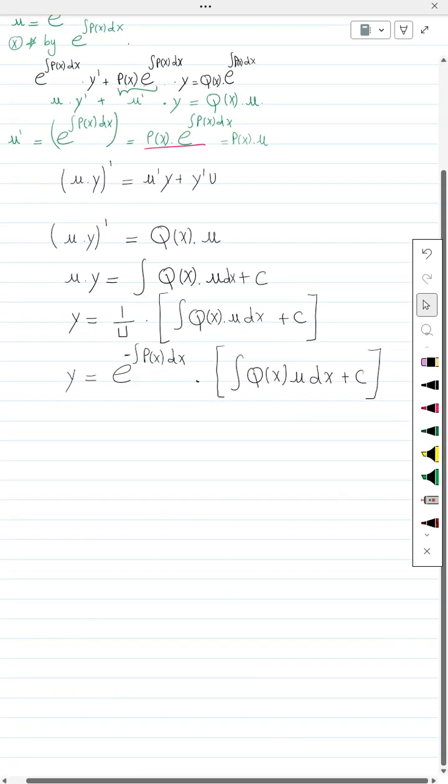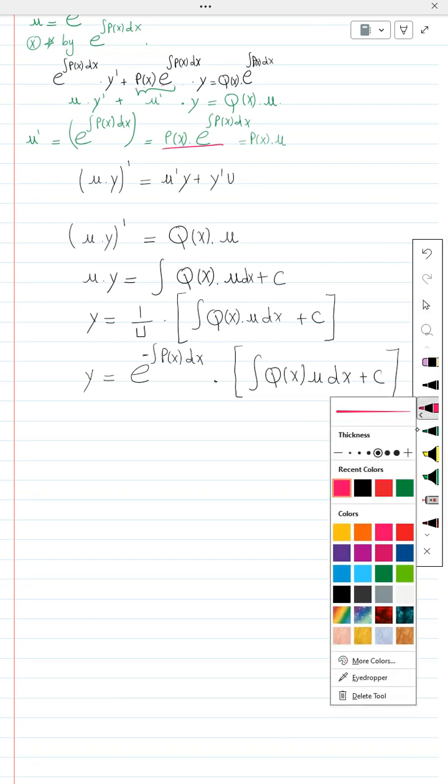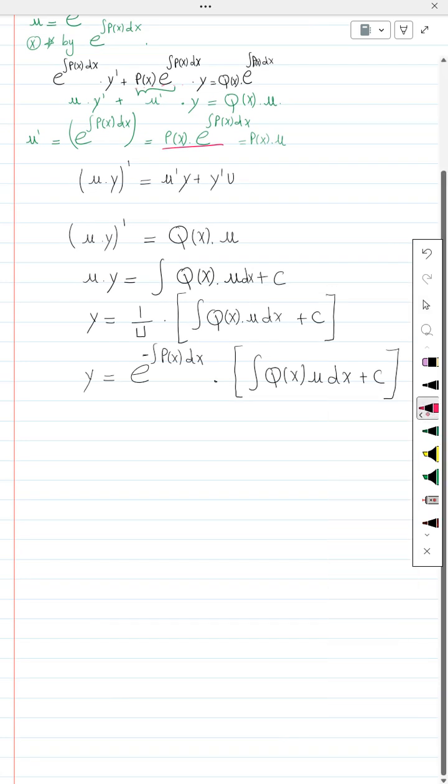Now, to make sure that you have understood, let's see some examples. The first question says: determine whether the following differential equation is linear. Let's see the first example. We have y prime plus e^y equal to x squared y squared.